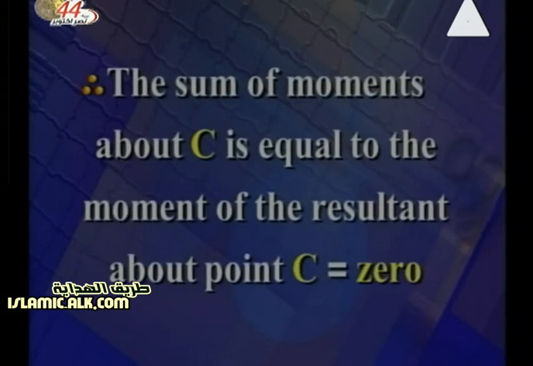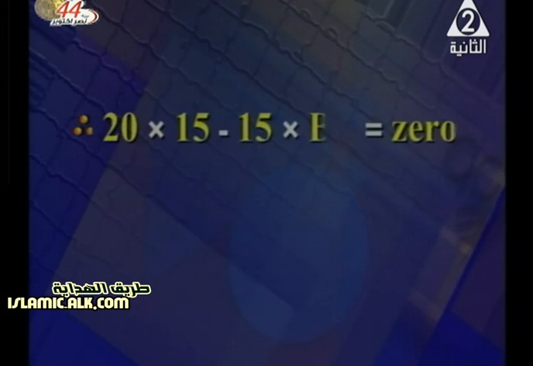The sum of moments about C is equal to the moment of the resultant about C, which equals 0. Look, we have moment about C: 20 times 15 minus 15 times BC equals 0.